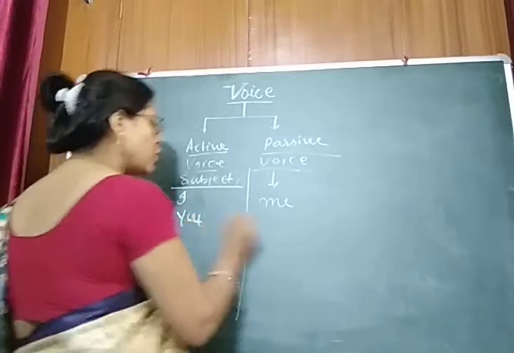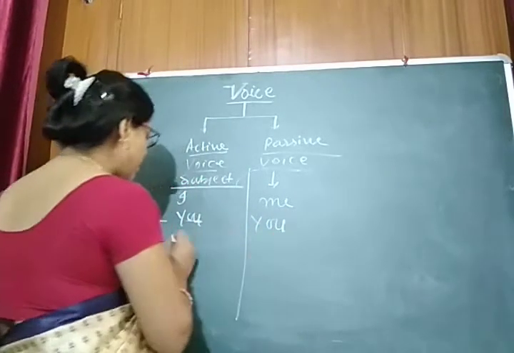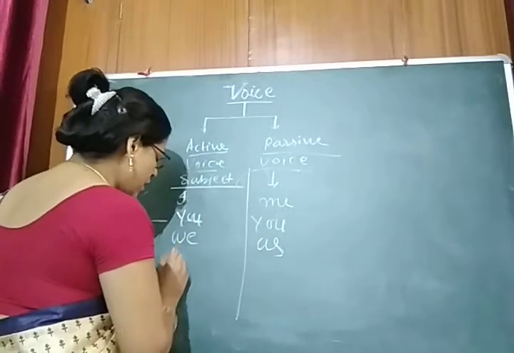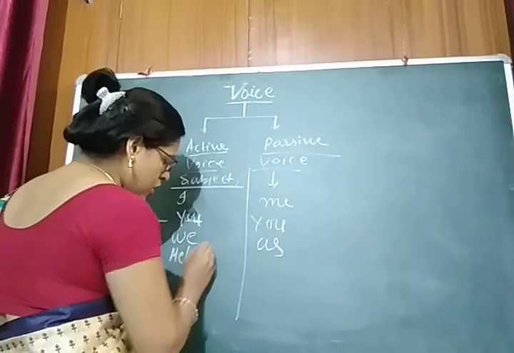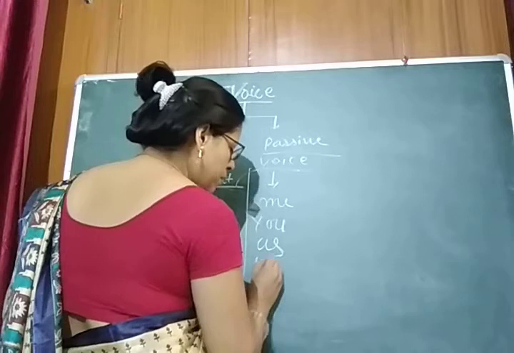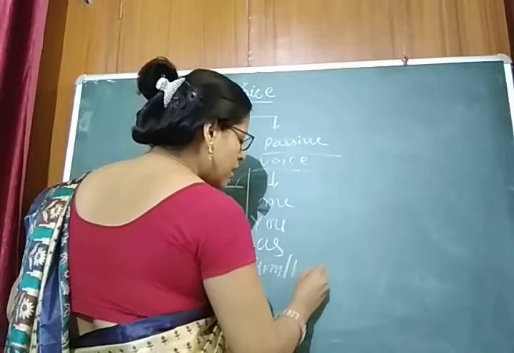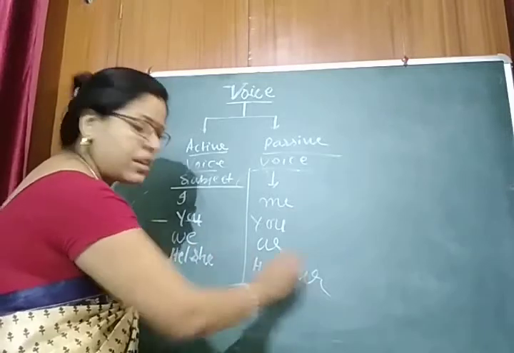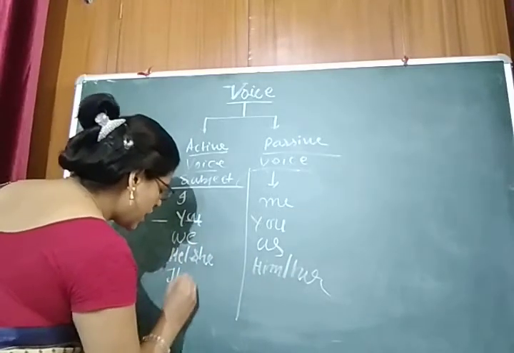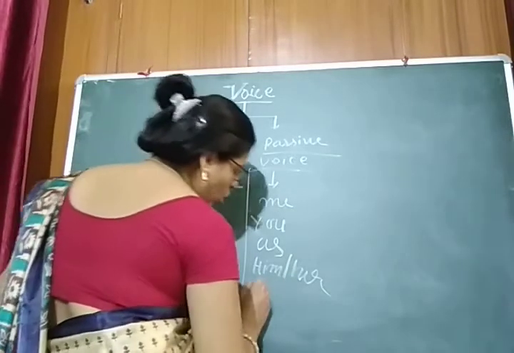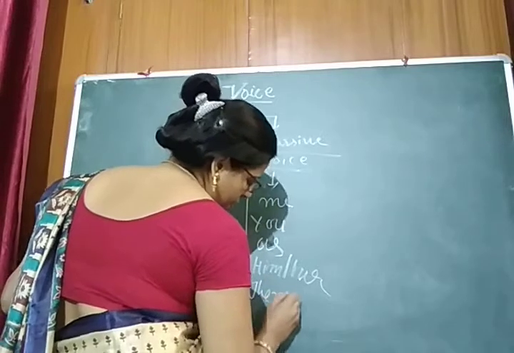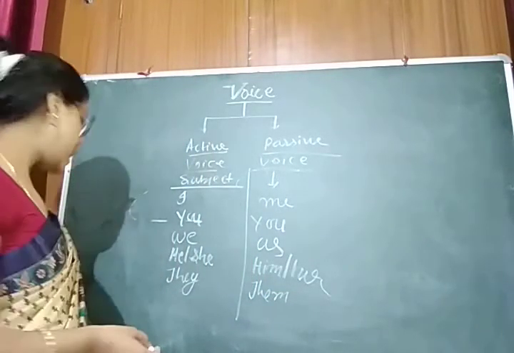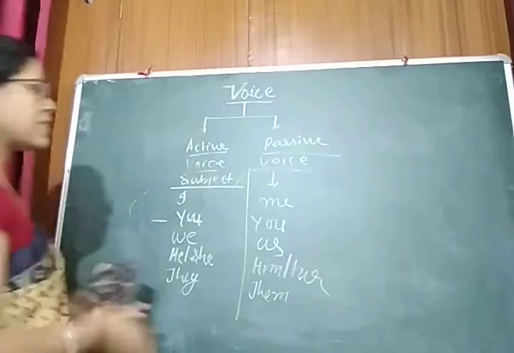You becomes you only. It remains the same. And we becomes us. He or she becomes what? Him and her. He becomes him. She becomes her. And here, they. They becomes what? They. All right. So this is the first table. Please write it down.